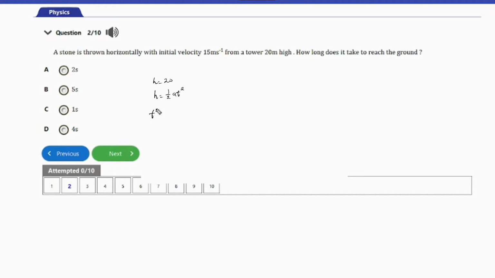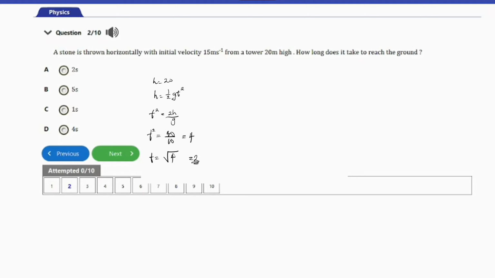We have 2 times the height, which is 20, over g, the acceleration due to gravity. So t² is 40/10, which is 4, and t is the square root of 4, which is 2. So option A is the answer to this question.